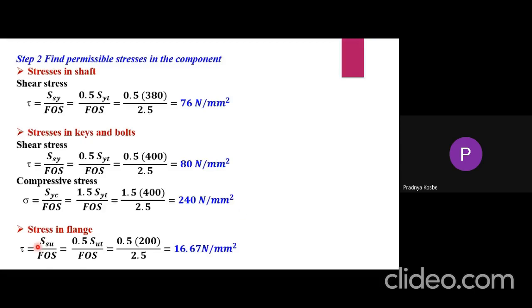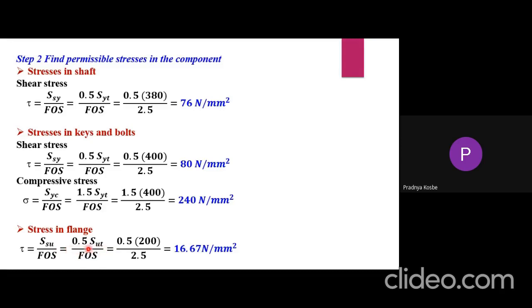And finally, permissible stresses in a flange. Tau is equal to SSU divided by factor of safety. This SSU is the shear ultimate strength under shear, and it is 0.5 times the ultimate tensile strength, that is SUT.